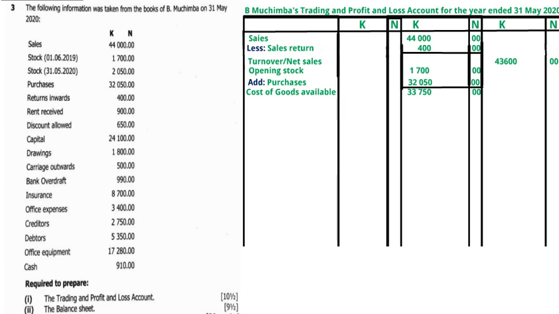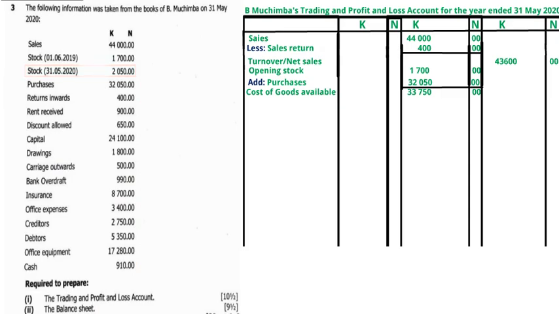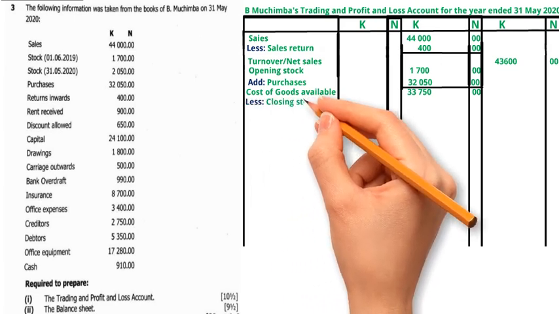Okay, so I've got 33,750 kwacha. That means that is the cost of goods available. So the cost of goods available, that is 33,750 kwacha. Then less closing stock. Now, closing stock, which was on 31st May 2020, was 2,050 kwacha.